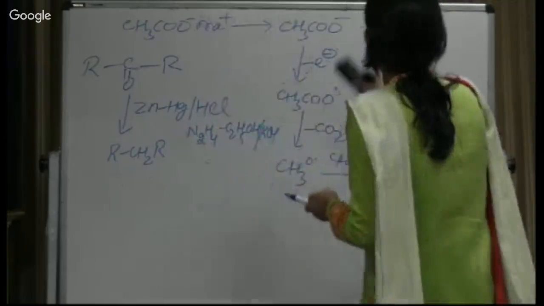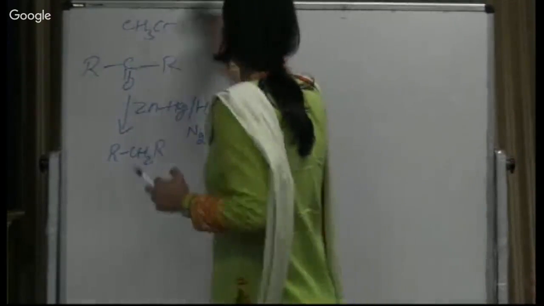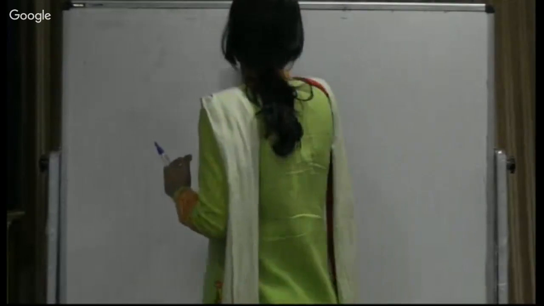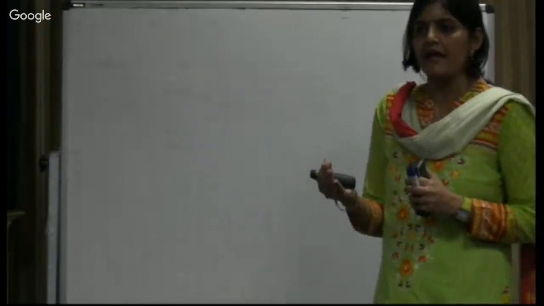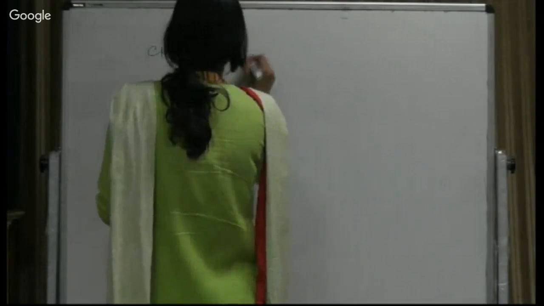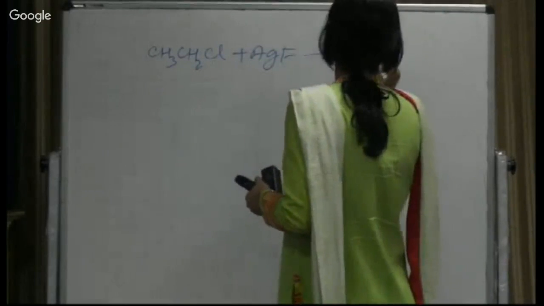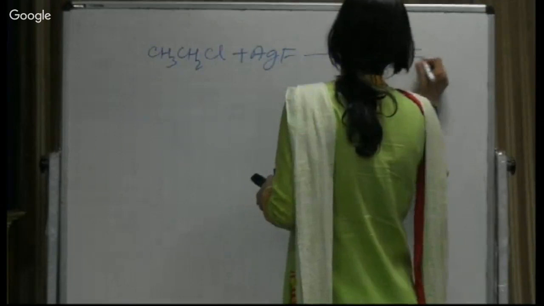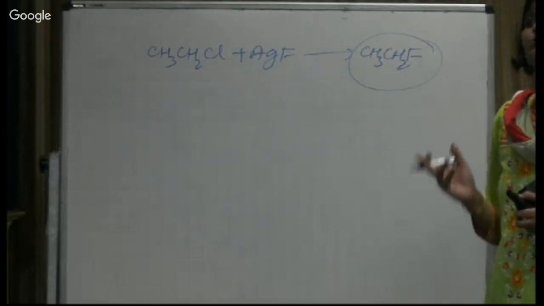The answer is yes, and that method is called the Swarts reaction. In the Swarts reaction you can use any inorganic fluoride and react it with an alkyl halide like a chloroalkane, and you get the fluoroalkanes formed by the indirect method. That is called the Swarts reaction.